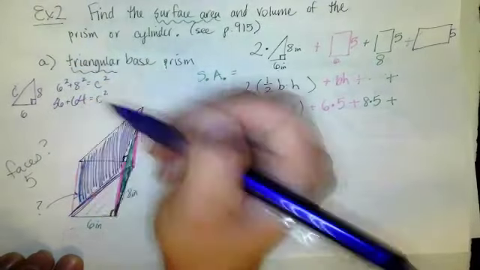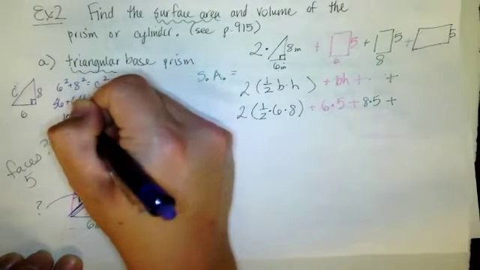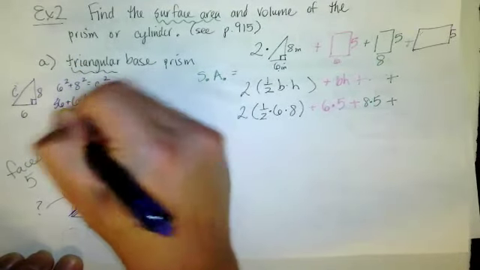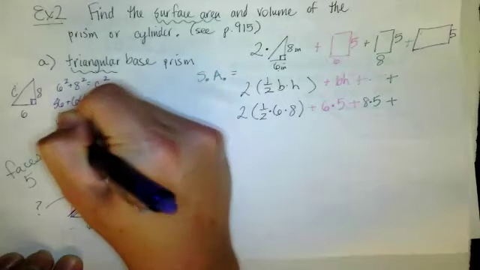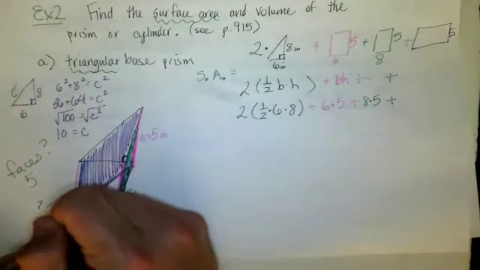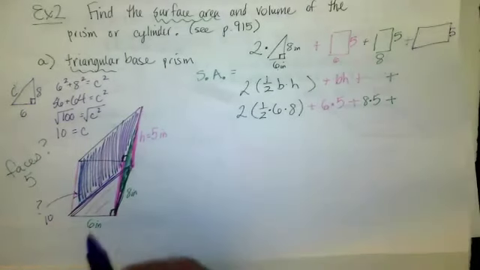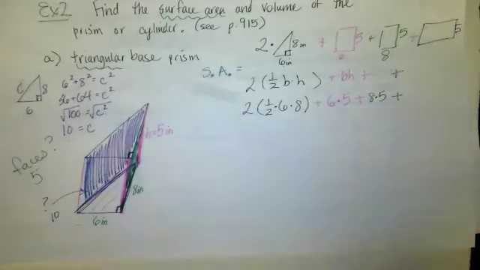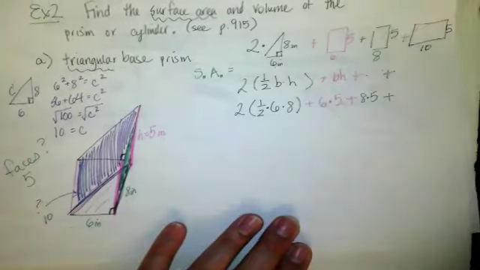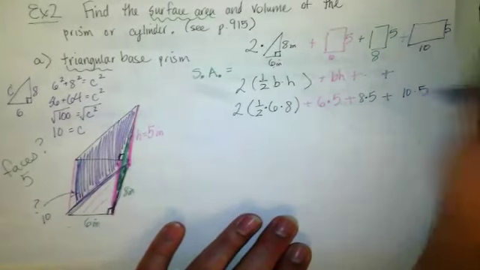And then what is 36 and 64? 100 and square root. So it turns out to be 10 by the Pythagorean theorem, okay? Or the 3, 4, 5 times 2. 3, 4, 5 Pythagorean triple times 2 gives you a 6, 8, 10. So this is 10 units long, 10 times 5.